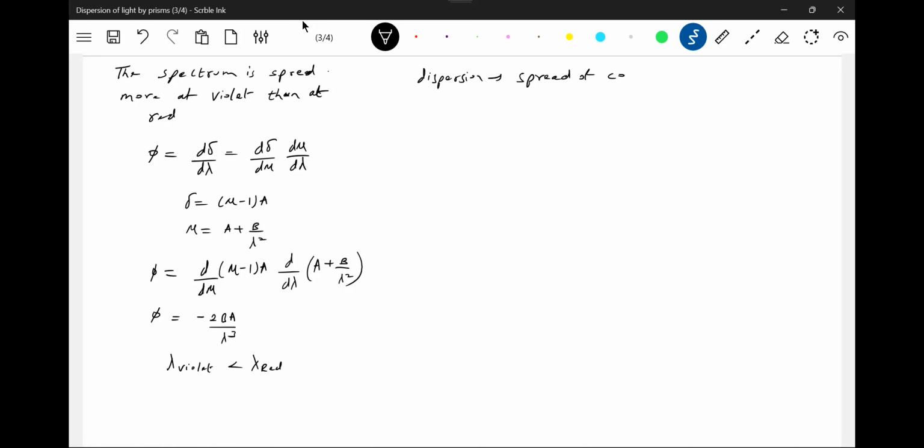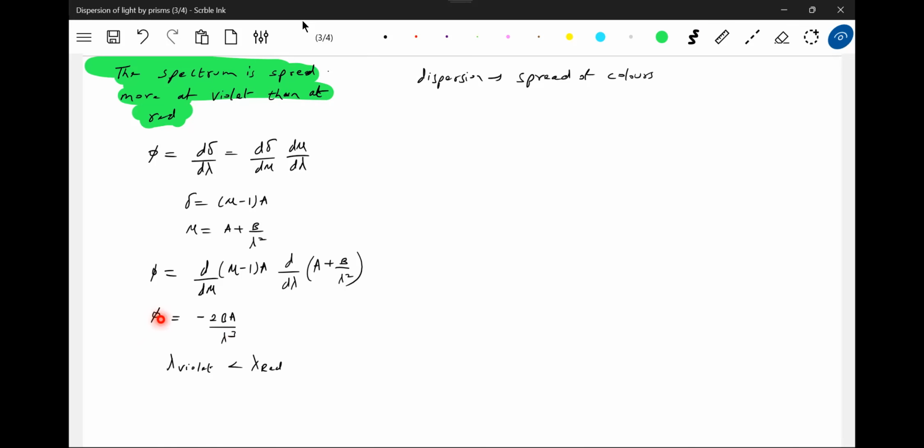Dispersion means spread of colors. So the dispersion for violet will be more than that of the red. Hence we can conclude that the spectrum is spread more at violet than at red, because lambda for violet is less compared to red.